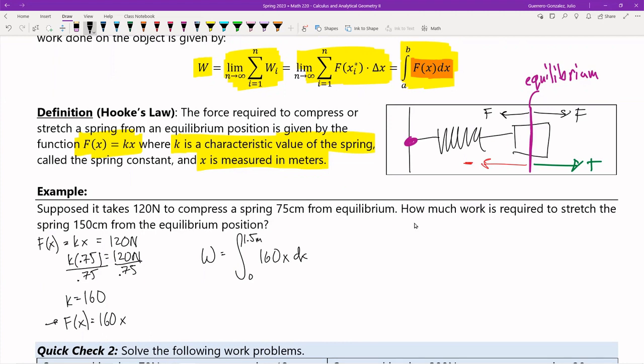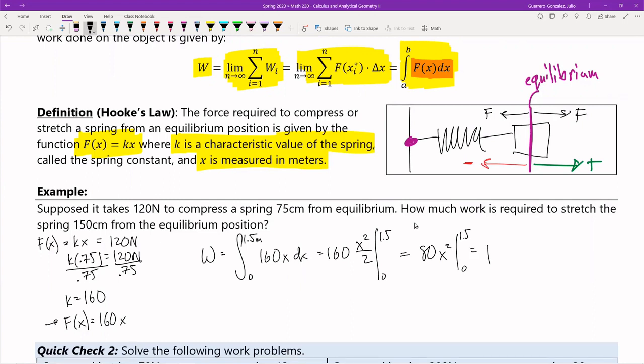So now we got to solve this out. If you remember, 160, whoa, nasty 160. 160 x squared over 2, evaluated from 0 to 1.5. This is equal to, I'm going to reduce some stuff down, 80 x squared, evaluated from 0 to 1.5.